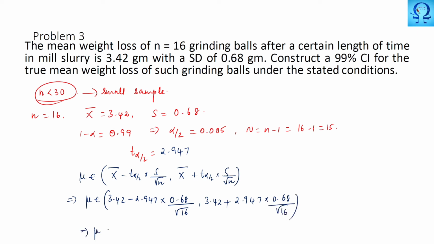When you simplify it, you will get 2.92 comma 3.92. So the required confidence interval with 99% confidence is 2.92 comma 3.92.